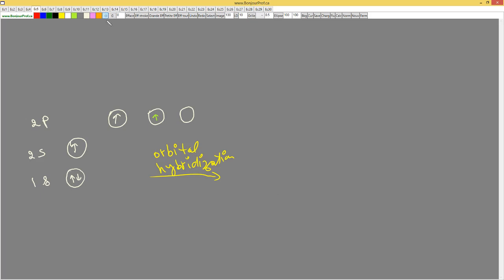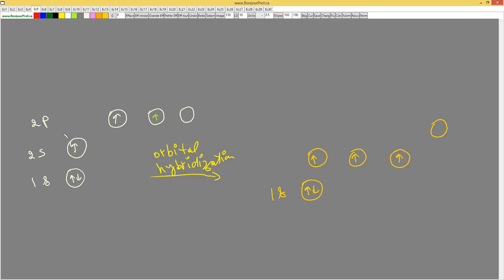He will end up with this one, 1s. There is no s, but he will have 3 here, and he will have 1 here. The one that is empty will stay empty. So he will have 1 electron here, 1 electron here, and 1 electron here.